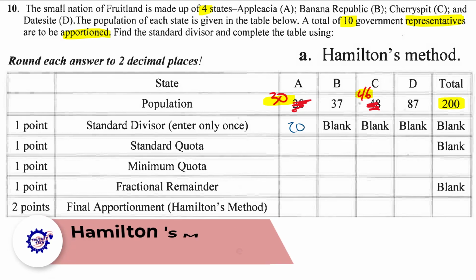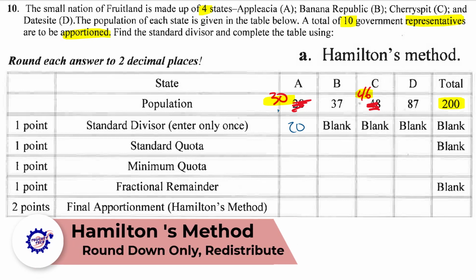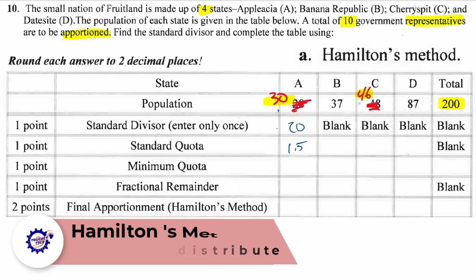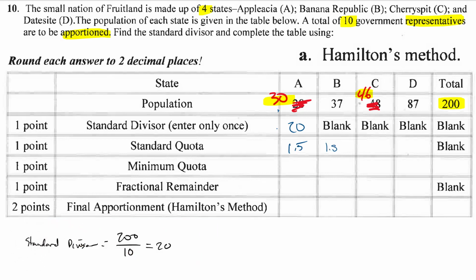For each one of these, we're going to take our population and divide it by that standard divisor and fill in the values. So I get 1.5, 1.85, 2.3, and 4.35.